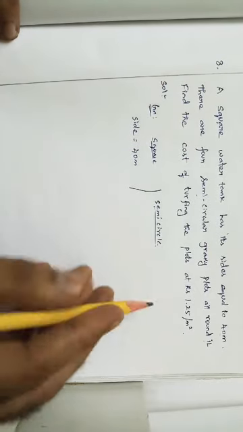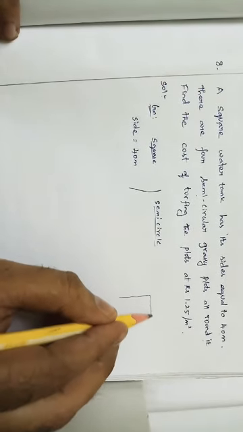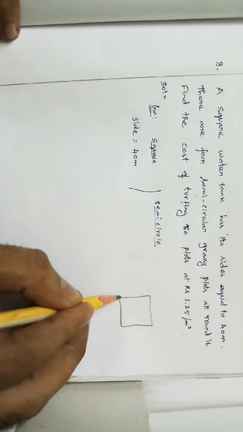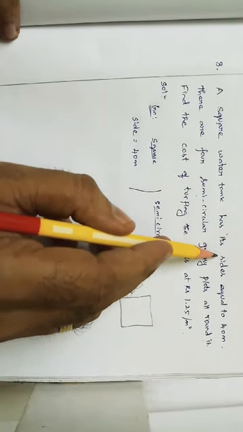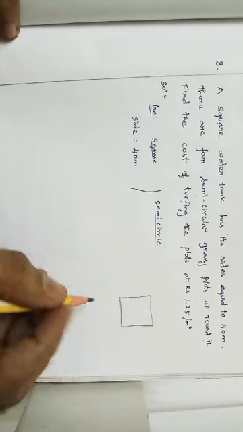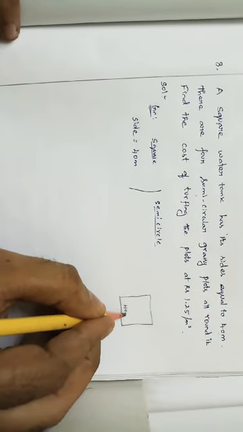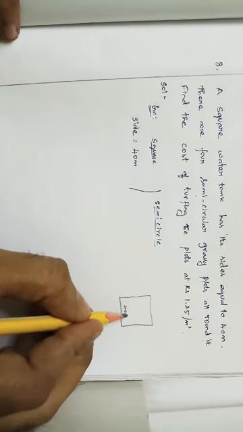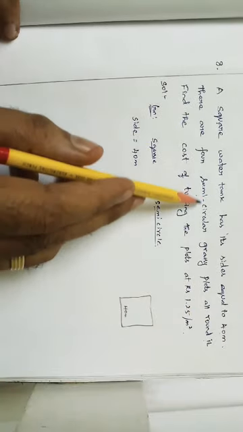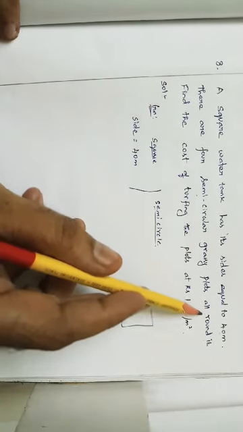A square water tank has its sides equal to 40 meter. So the length of each side is equal to 40 meter. There are 4 semicircular grassy plats all round it.